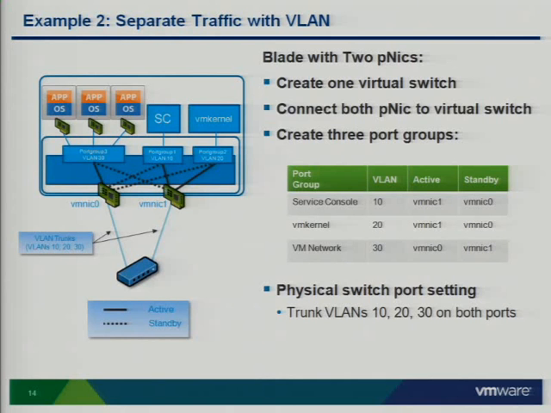Now, in addition, when you set up the port group, you can specify an active physical adapter and a standby. So what that means is that normally, when everything is running, the traffic is going to flow through the active adapter. So in this case, both the service console traffic and the VM kernel traffic is going to go through VMK NIC 1. And all the VM traffic is going to go through VM NIC 0.